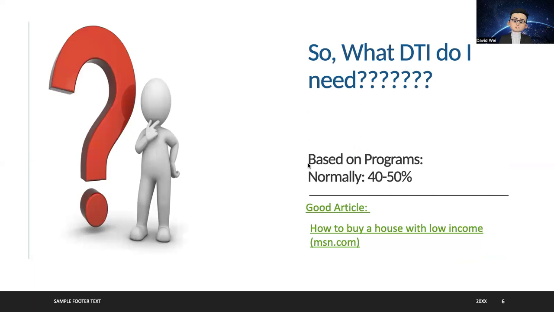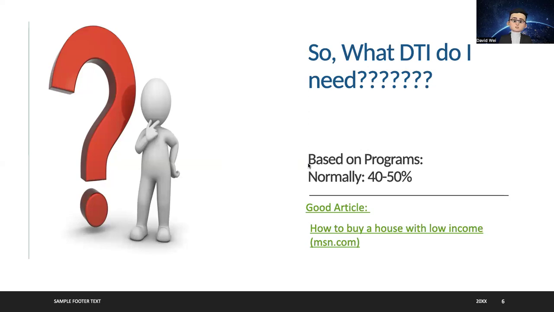So what DTI do you need? It depends really on the program. There are multiple programs out there. The requirements may be different, but most of the time the DTI I talk about with my customers is normally 43%. But some places are lower, 40, higher, 50, some could be 60. It depends on the relationship you have with the bank.